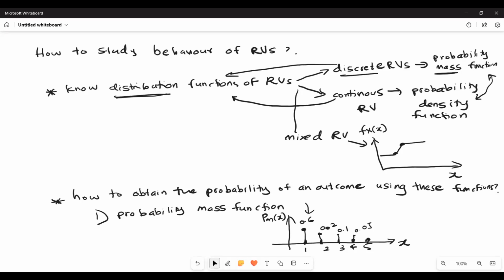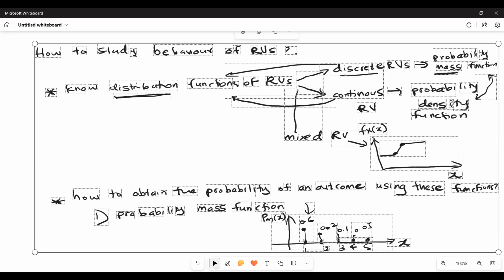So when we move towards the continuous random variable, we have to use the probability density function to find the probabilities. So let's talk about that next.